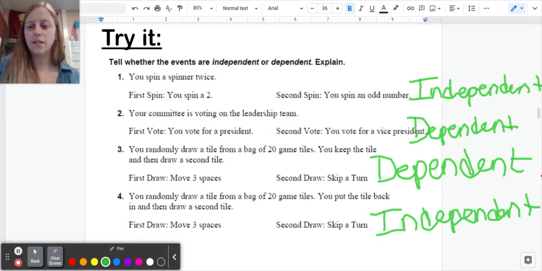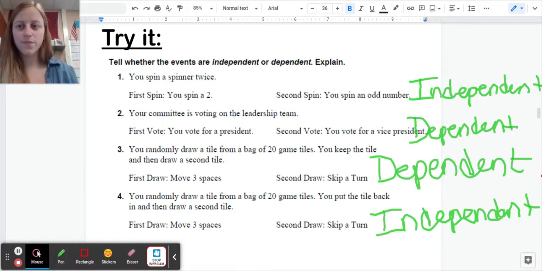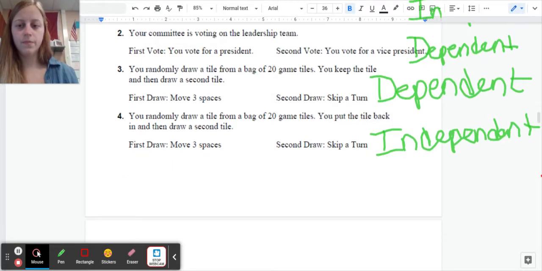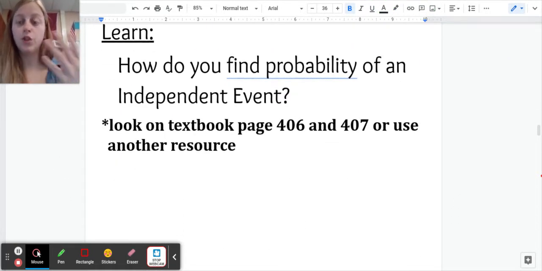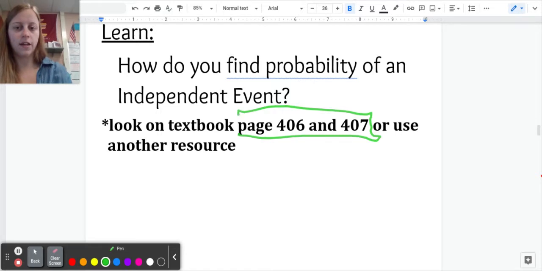All right, so now we're going to learn how to calculate the probability of 2 events happening if it's an independent event. So look on textbook page 406 and 407 to figure out how you calculate independent events probability.